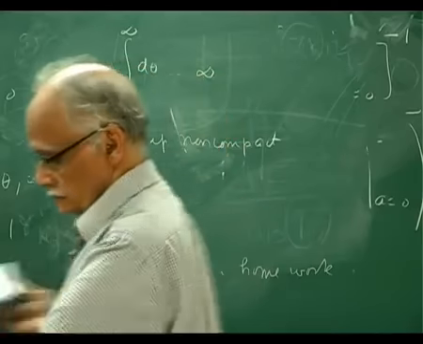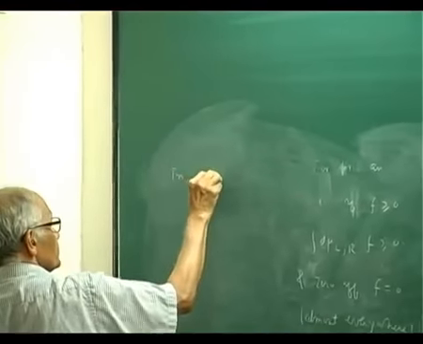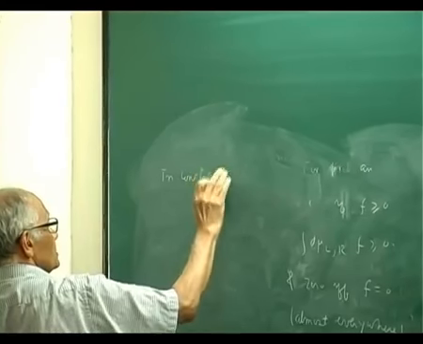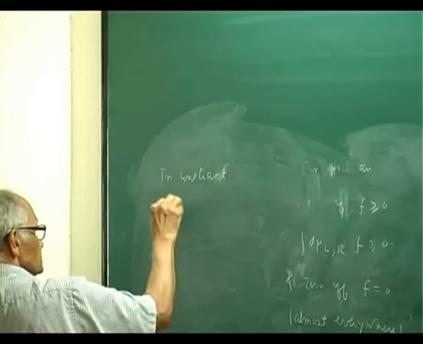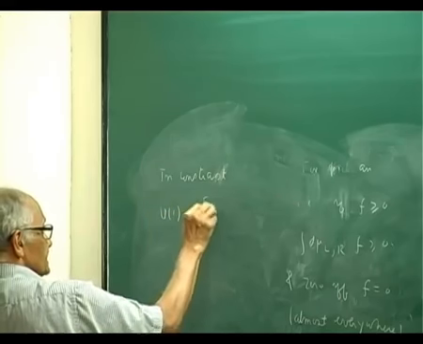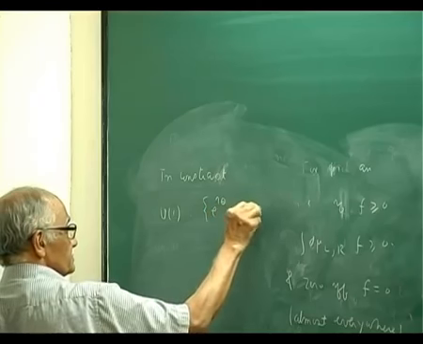In contrast, if I look at U(1), which is exponential of i theta, here theta is between 0 and 2 pi.